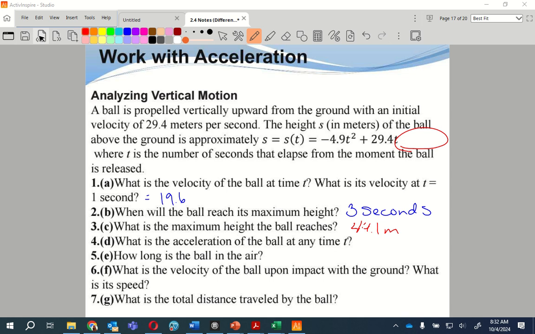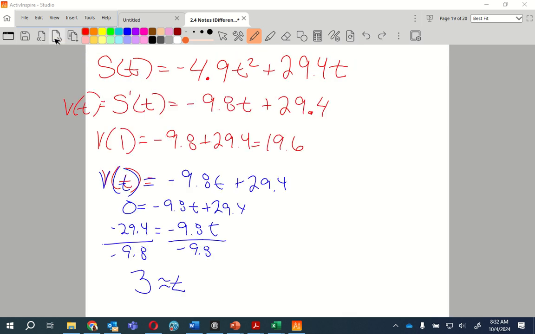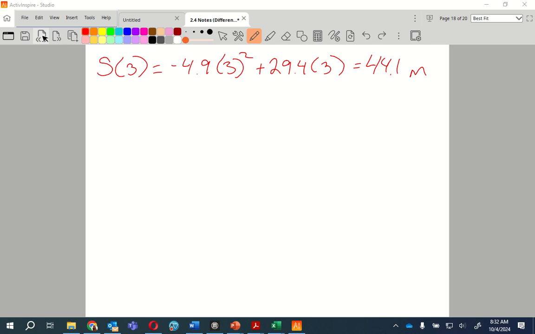What is the acceleration of the ball at any time? So we said acceleration is the derivative of the velocity. Very good. Derivative of velocity. So my velocity is going to be negative 9.8 t plus 29.4. There you go.